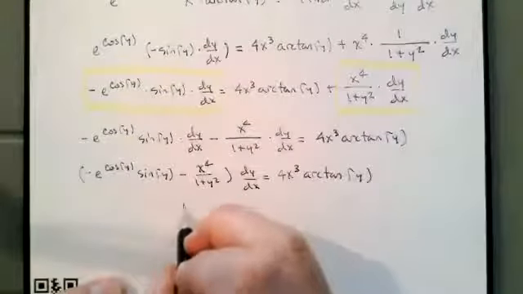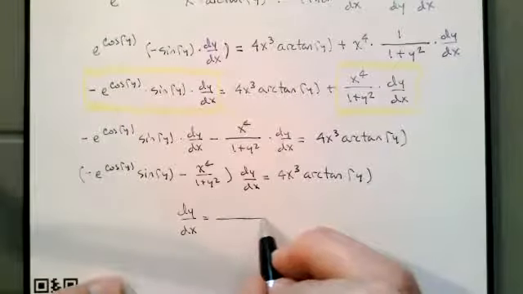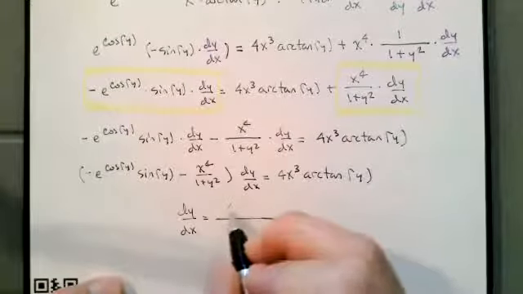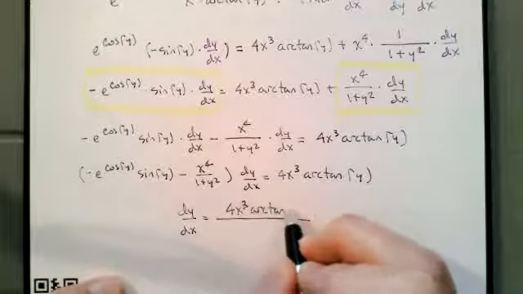So dy dx is, on the top, this 4x cubed arctangent of y.